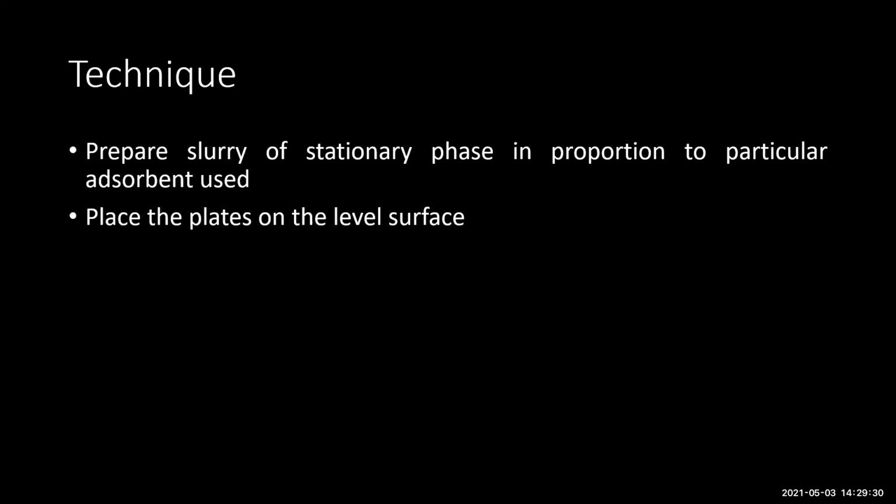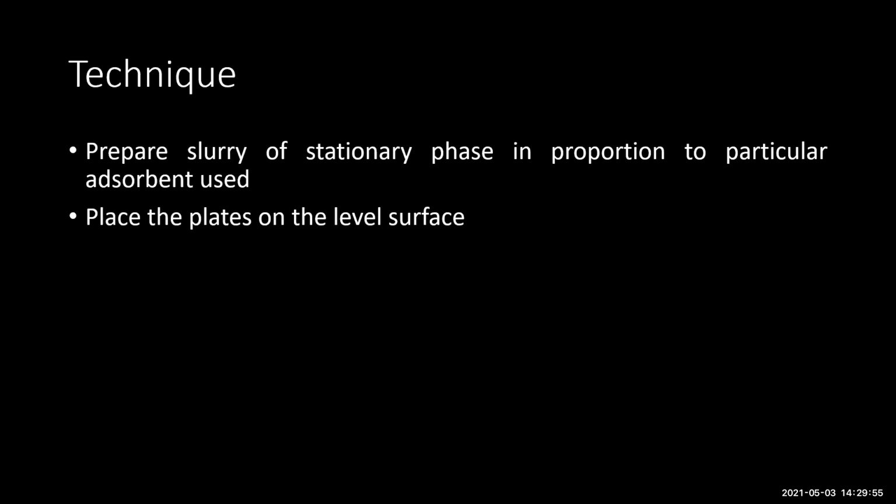Place the plates on a level surface. These clean dry plates are kept on a level surface without any vibration or any slant. Why is this important? If there is a slant, when you pour the slurry onto the plate, it causes uneven deposits. It will not uniformly set.